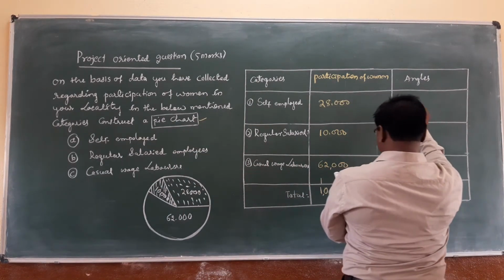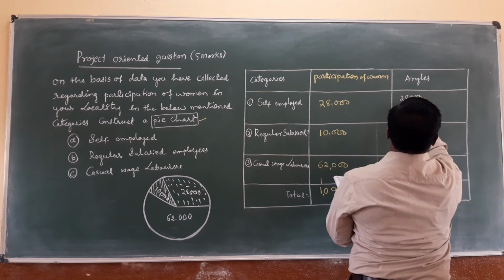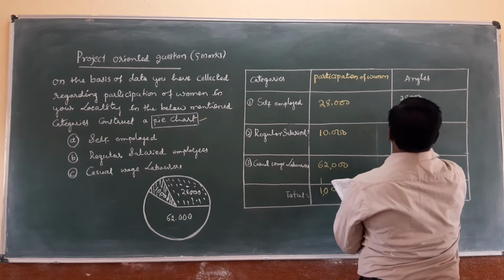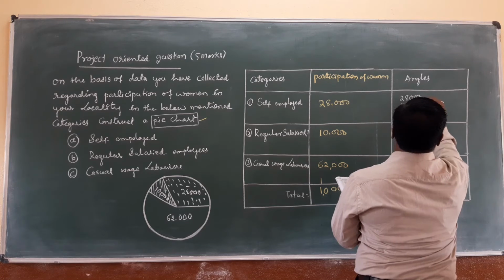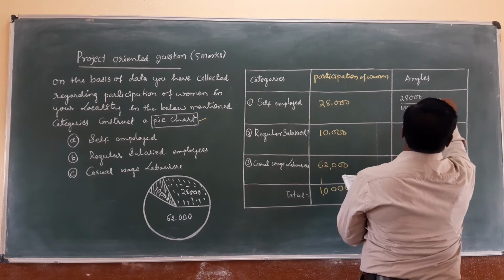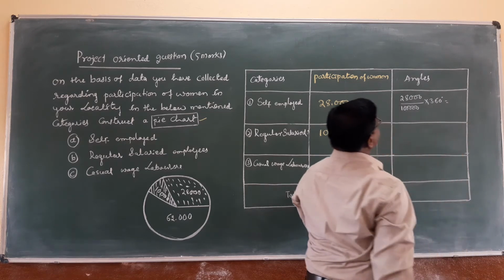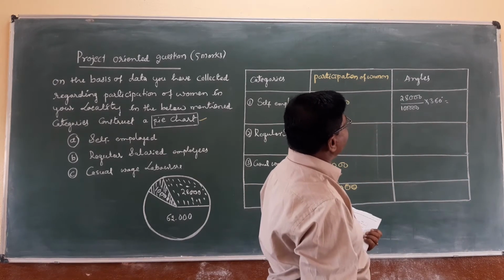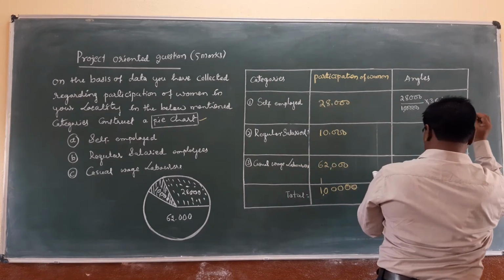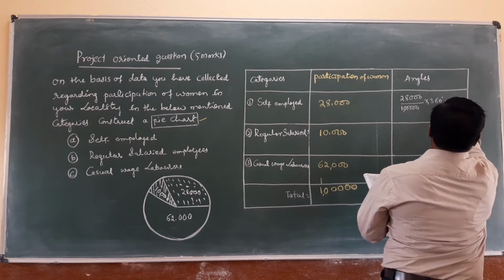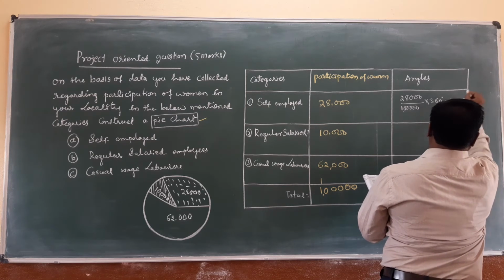This is 28,000 divided by 1 lakh into 360 degrees, which is equal to 100.8 degrees.